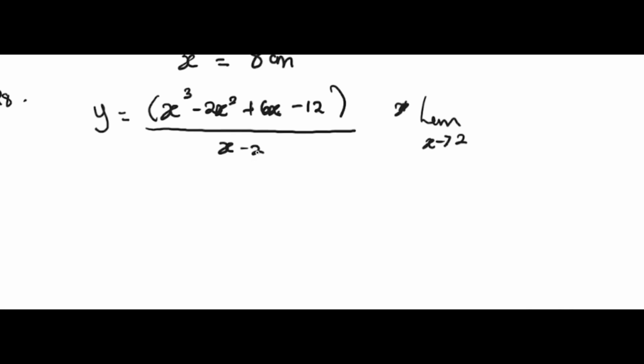So the right thing to do is to break the numerator. Since the numerator is a polynomial of degree 3, if it were a quadratic expression, we would have just factorized. So the first thing to do is to divide that numerator by the denominator.